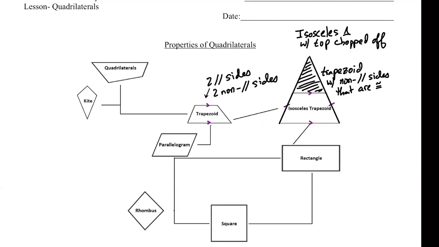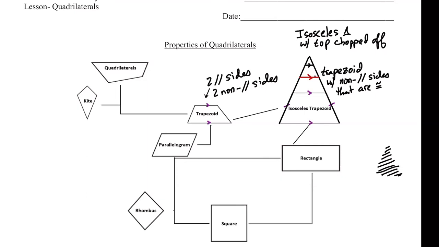Anytime you chop part of a trapezoid off, so let's say I chop it off here, now I have another trapezoid, which is parallel to the base trapezoid. So I get a second trapezoid, but an isosceles triangle right here. If I chop it again, I got a little tiny isosceles triangle, but now I have 3 isosceles trapezoids.